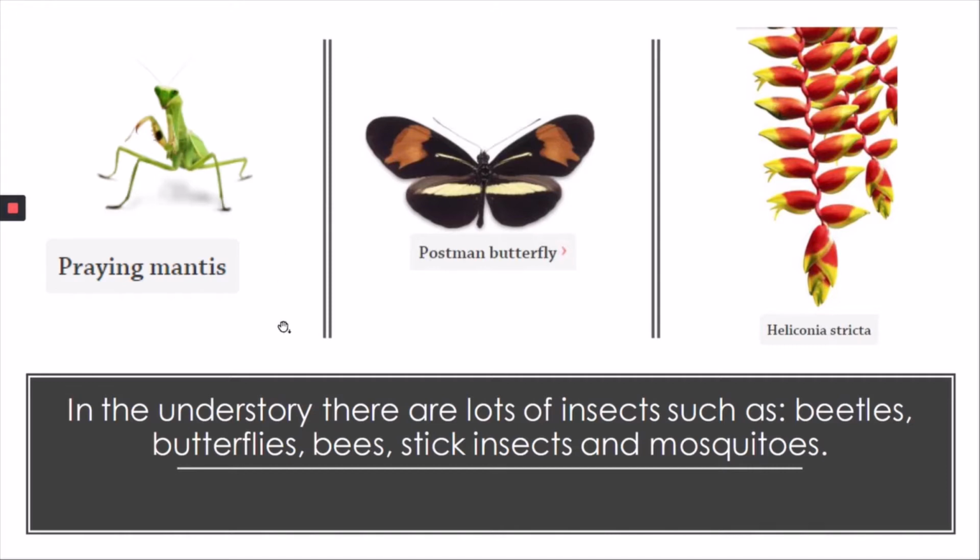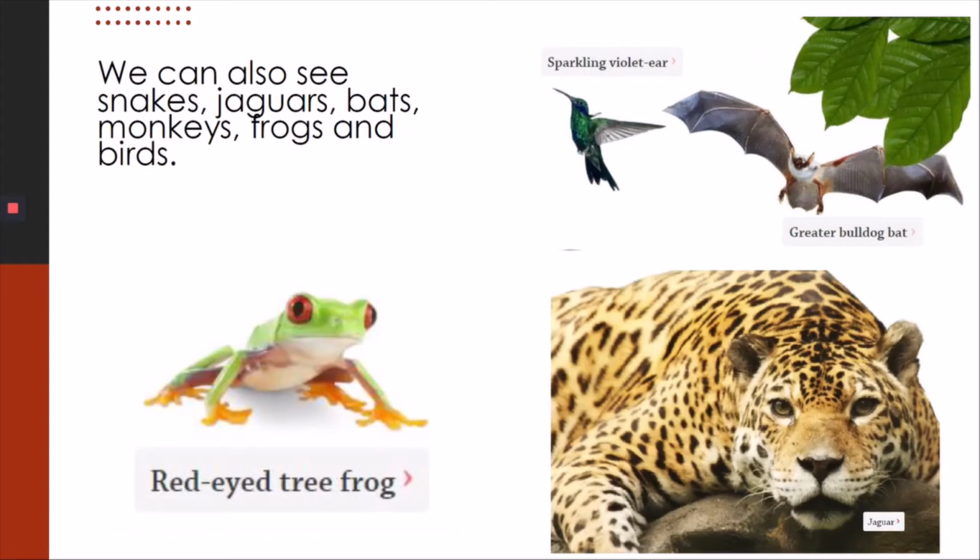If they are at the floor, they can be stabbed, but here they are more protected. You can see here the praying mantis, the butterfly, and this is a beautiful plant that we can also see at this understory, okay? We can also see snakes, jaguars, bats, monkeys, frogs, and birds.